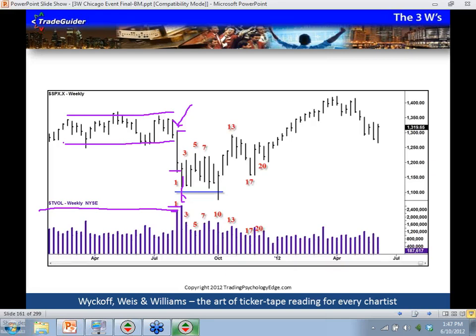So when we're reading price bars, we want to pay attention certainly to the volume and the close in relationship to the last few bars. But we also want to look at that spread too, and the volume on that spread, and the volume on the other bars as well. So, to give it a different flavor, the effort to go down was strong here on bar number 1 on this volume.